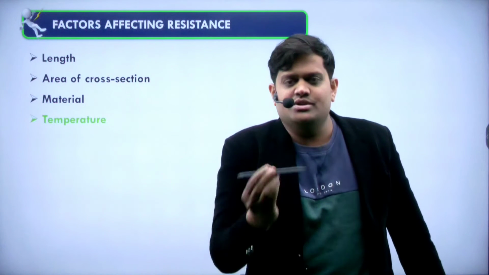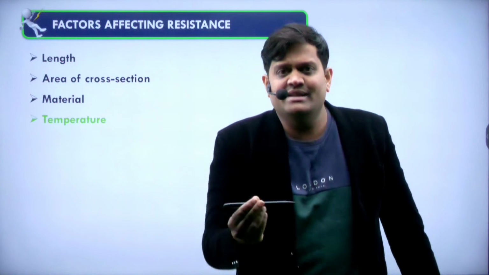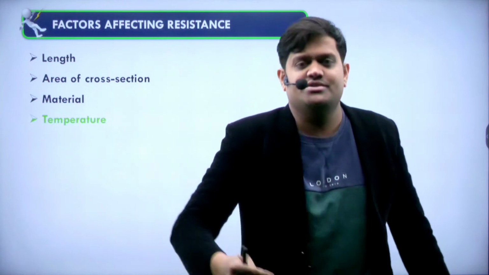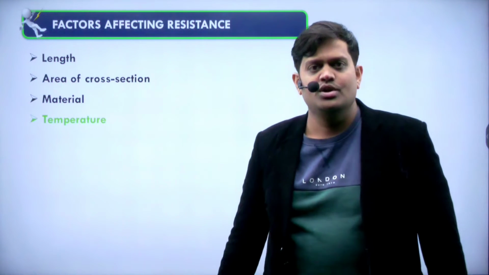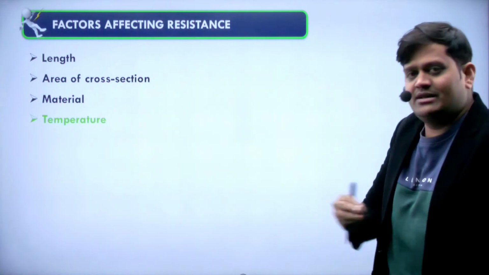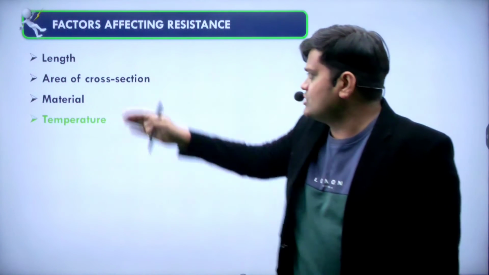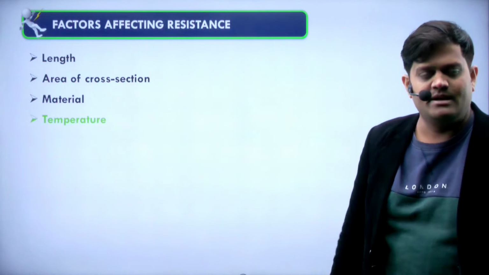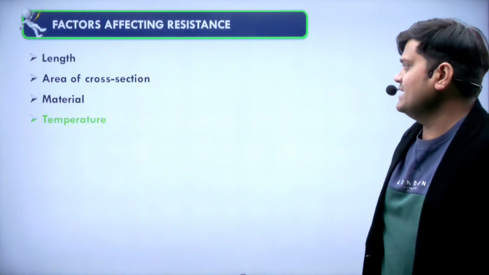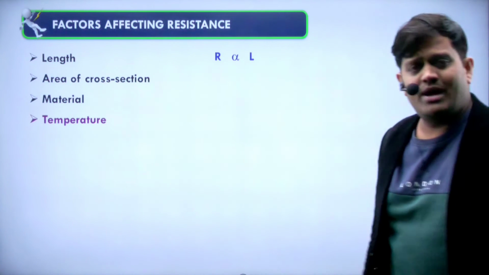If we increase the temperature of a copper wire, the resistance changes. So the resistance of a conductor depends on four factors.